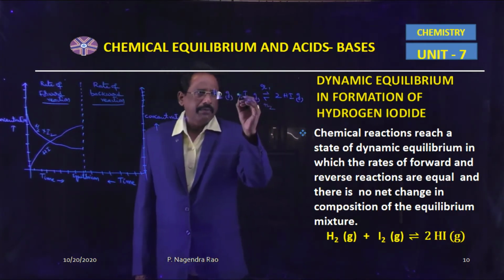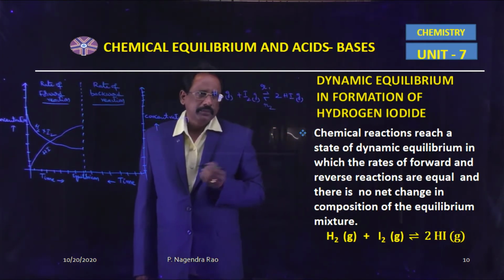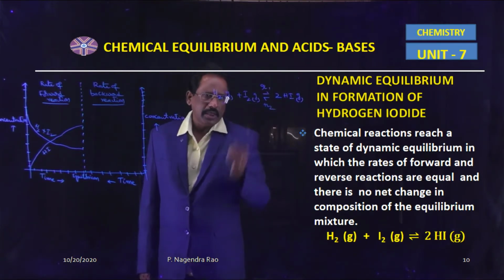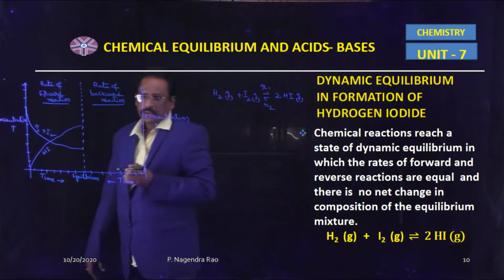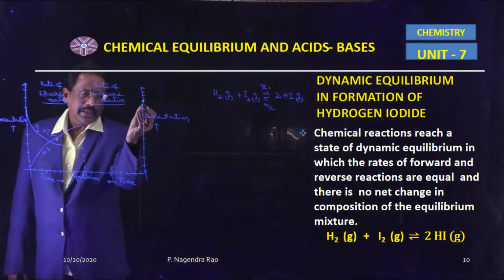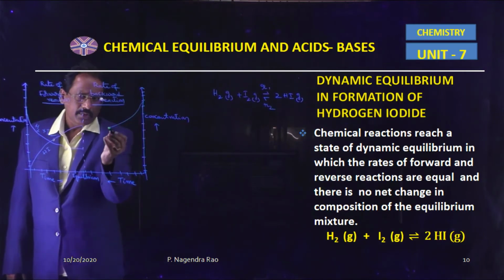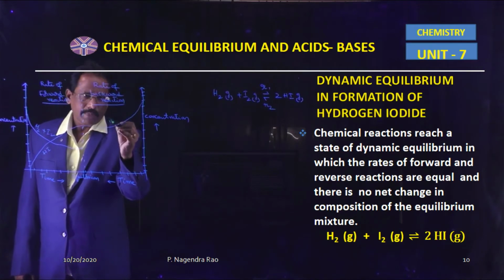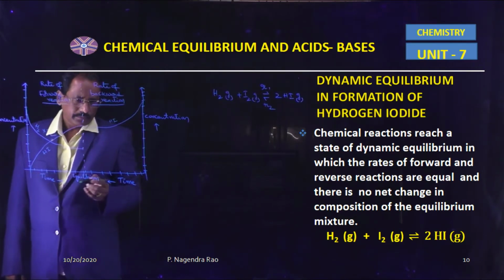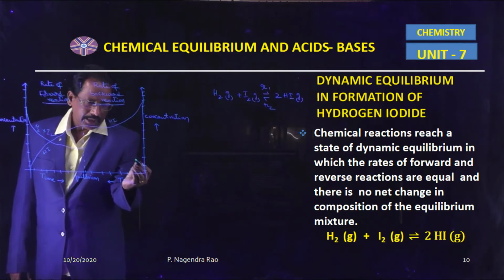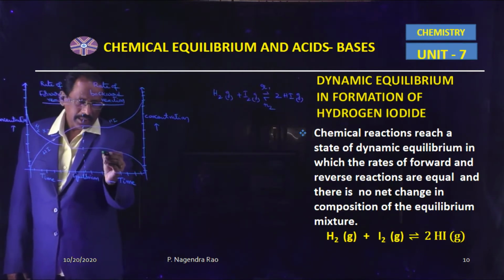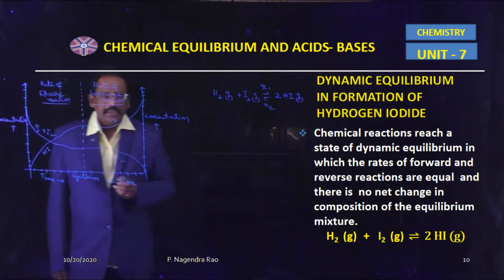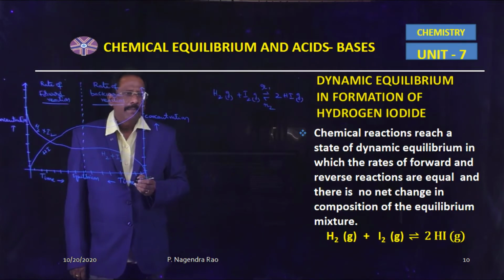R1 indicates formation of HI. R2 indicates the dissociation of hydrogen iodide. That's why slowly the concentration of the hydrogen iodide decreases, and slowly the concentration of H2 and I2 increases in the backward reaction.